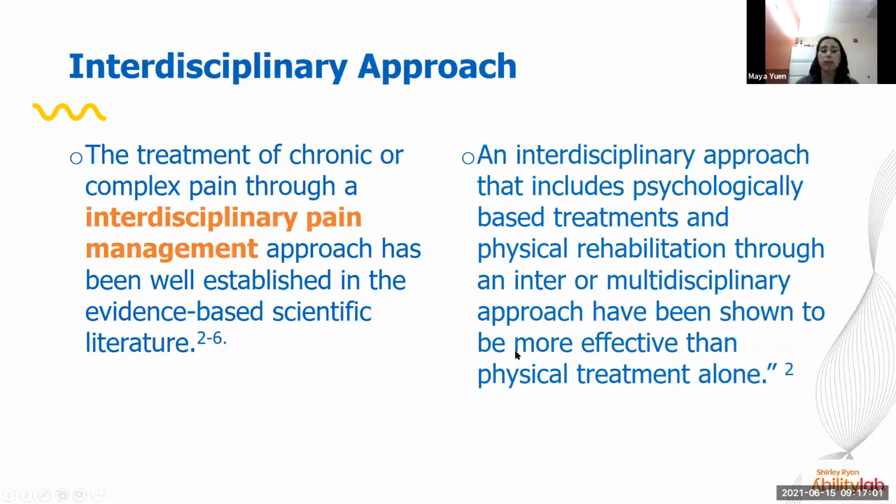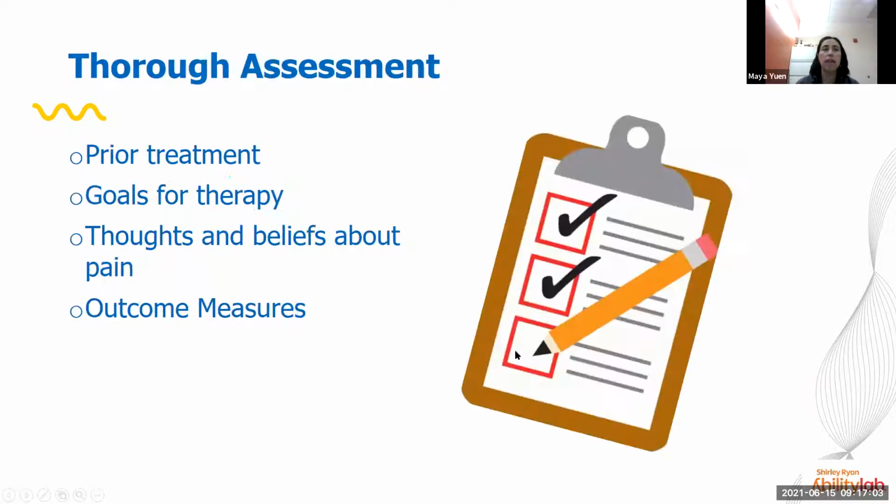And part of doing that, and certainly for any professional, is to make sure that you are instituting a very thorough assessment. So it should look at multiple systems, consider social and psychological aspects. I know I'm preaching to the choir with that one.